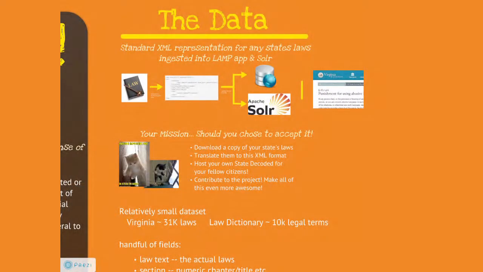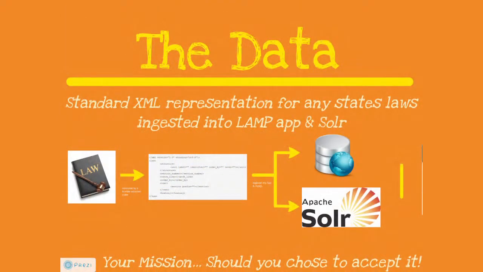So what does the data look like when we're talking about laws? Pretty simply, and this is just a general overview of the pipeline, Waldo has defined a standard XML format that other people convert whatever format their state's laws are into. It's pretty straightforward.